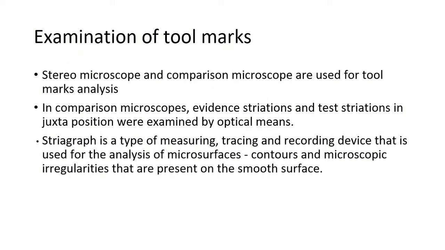Striograph is a type of measuring, tracing and recording device that is used for the analysis of microsurfaces or microscopic irregularities that are present on a smooth surface. So the striograph is used to examine tool marks.